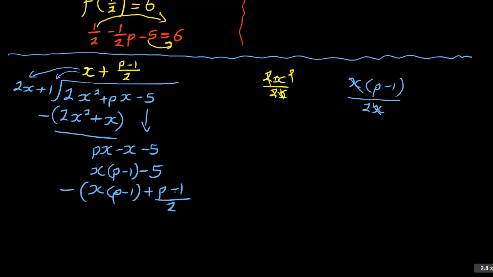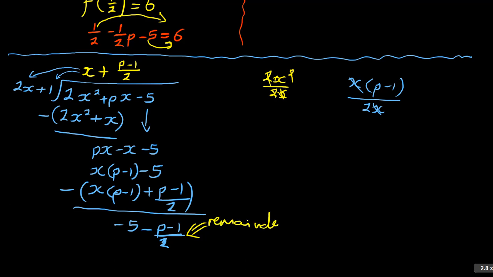I subtract, I roll off, that will give me a 0, and then I will have minus 5 and minus (p minus 1) over 2. Now when you have done that, you can see that no x is remaining. In this case, it means you have fully factorized. But something interesting is that this becomes your remainder.